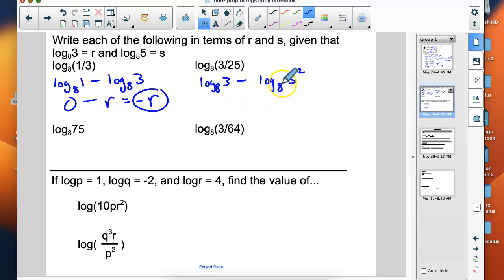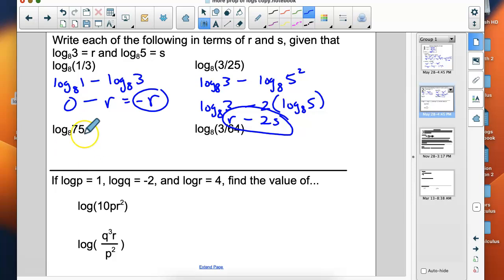So I'm going to turn that into log base 8 of 5 squared. So log base 8 of 3 minus, now this thing I could turn into 2 times the log base 8 of 5. The reason I did that is because the log base 8 of 3, I know what that is, that's r. And then this thing I know is s, so minus 2s.